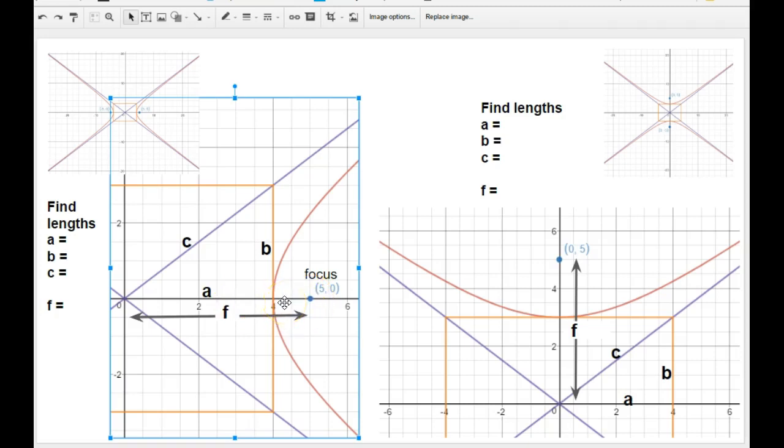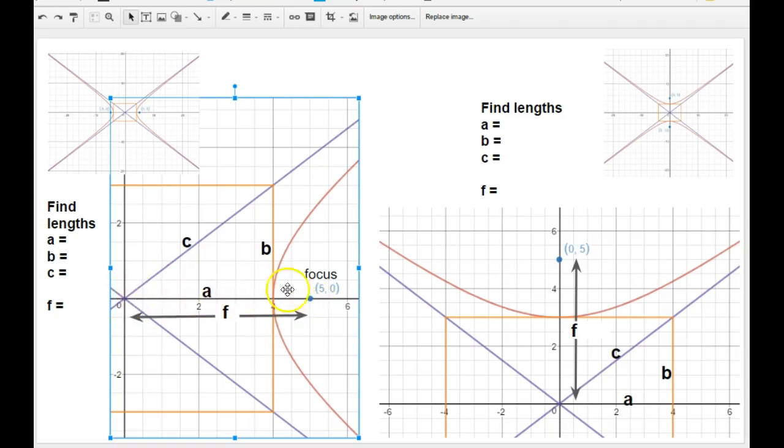But as you found out in the hyperbola foci investigation, the distance from the center of the hyperbola to the corner of the rectangle happens to be the hypotenuse of this right triangle, right? And this distance here also happens to be the distance to the focus, okay?